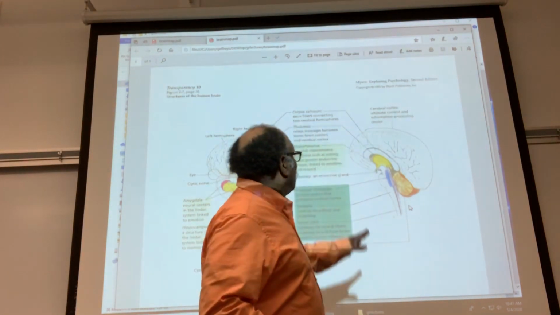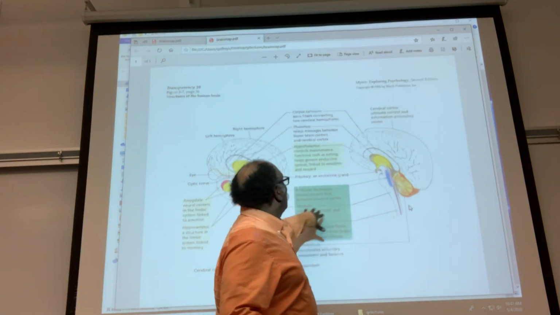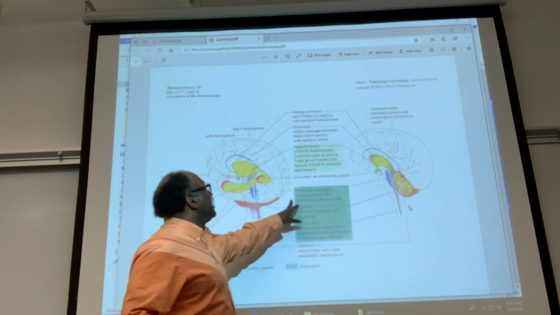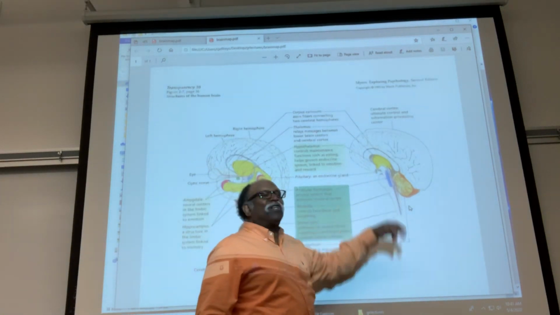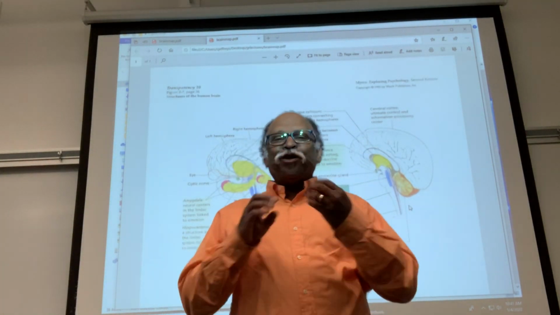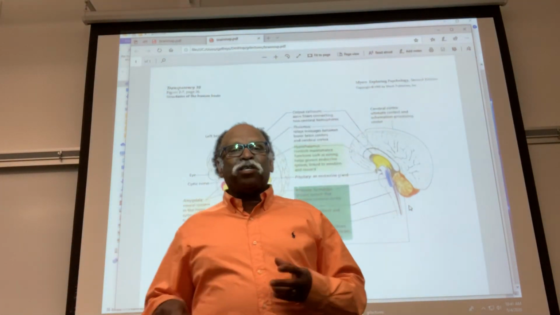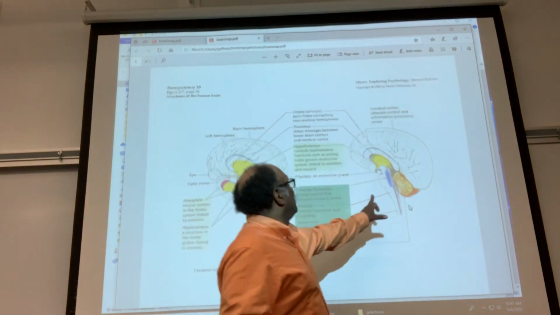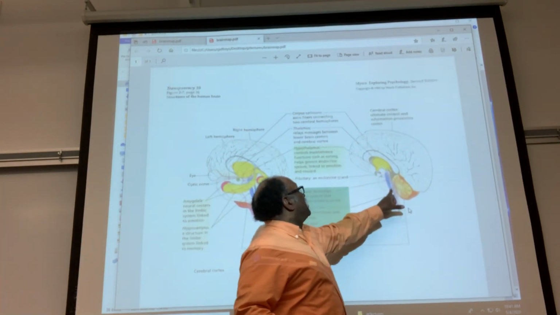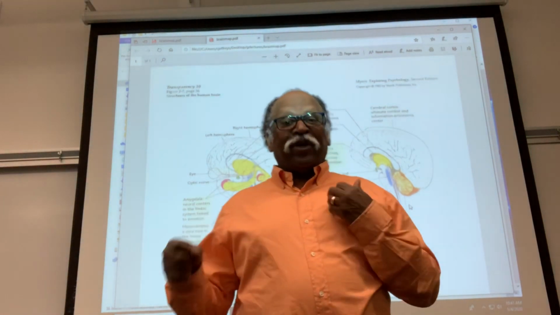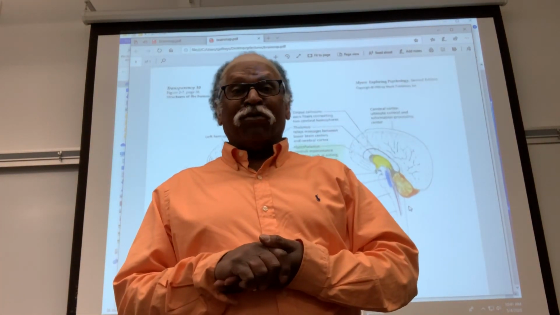Okay, and next we're going to talk about the medulla. A lot of your basic life functions are in the medulla. And moving right up, you have the reticular formation. They're learning new things about it every day. It's about the size of a pencil, and basically it goes all the way up through here. It connects with the different structures of the brain, and they found that it also deals with levels of attention.